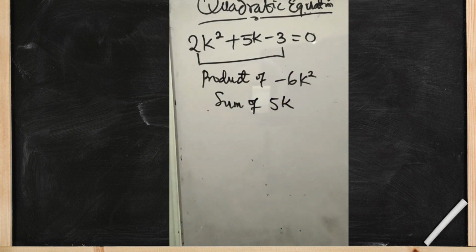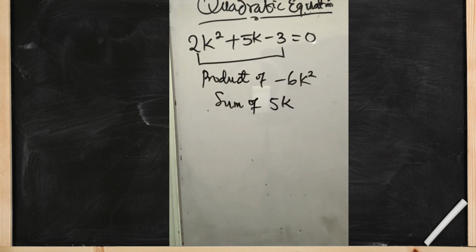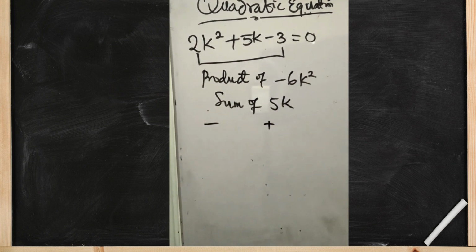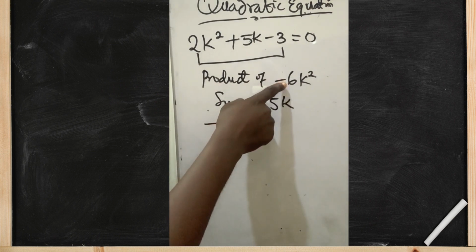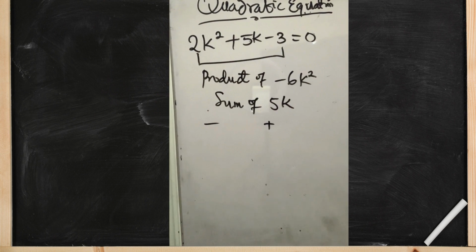You need two values that when you add them together, you get 5k. When you multiply them together, you get minus 6k squared. For you to have this negative sign, it means the two factors are going to be positive and negative, because minus times plus will give you minus, and that's the only reason you have minus here when you consider the product of the two numbers.